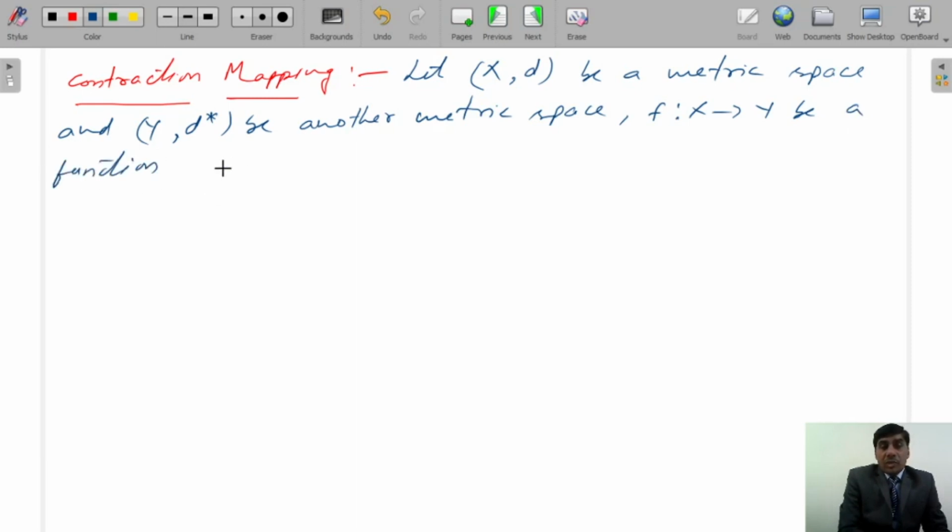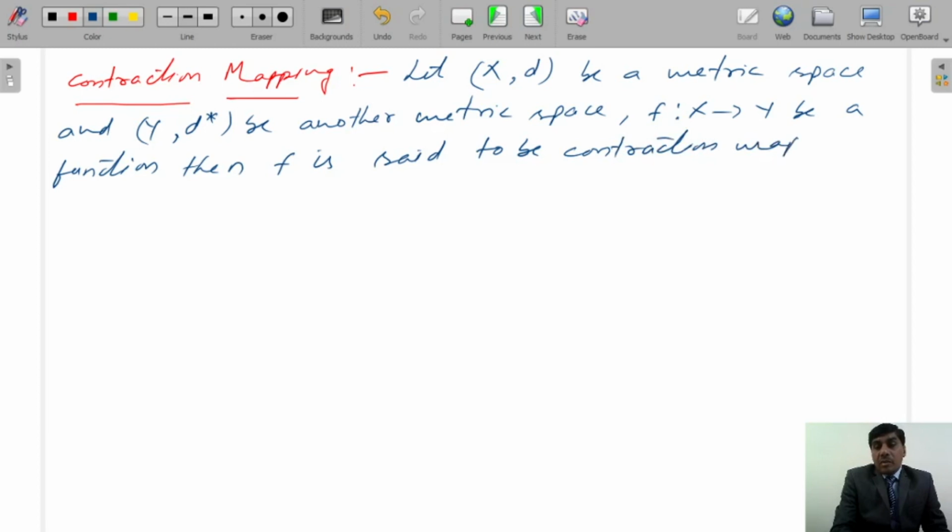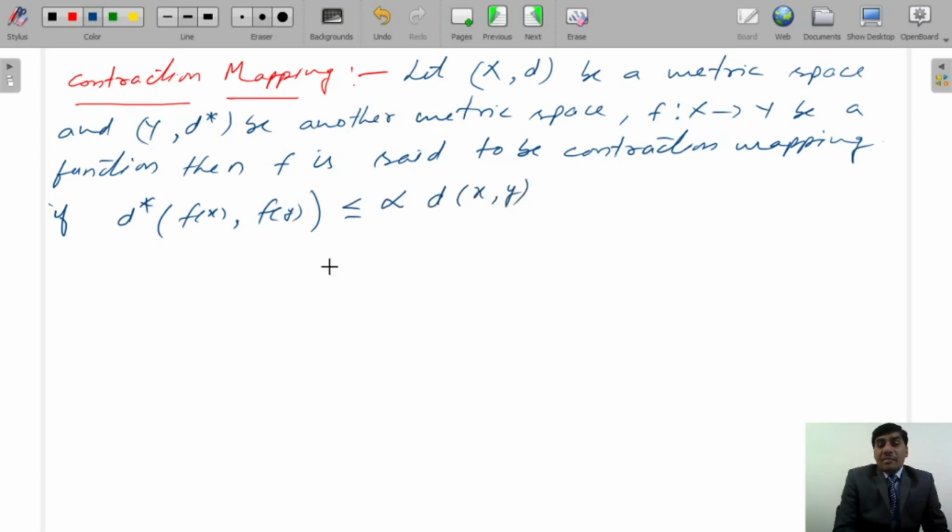Then f is said to be a contraction mapping if d star of f(x), f(y) is less than or equal to alpha into d(x, y) for every x, y belonging to capital X, and alpha is greater than 0 and less than 1.